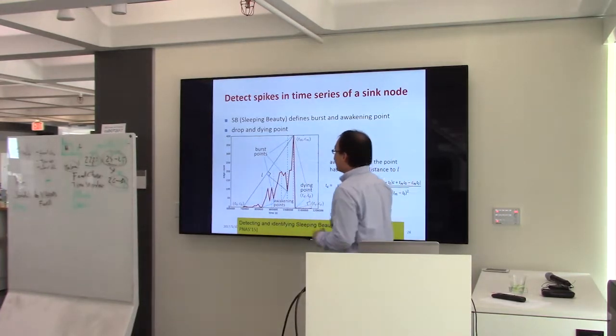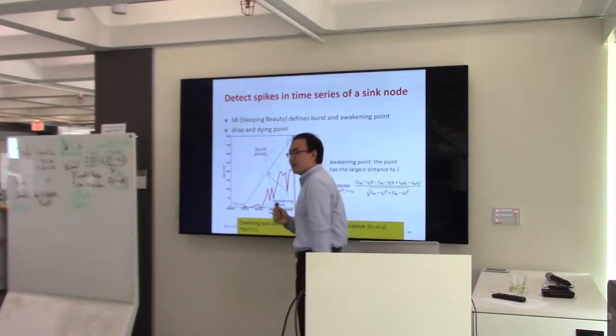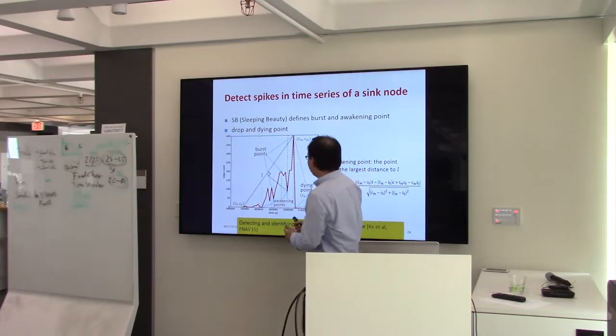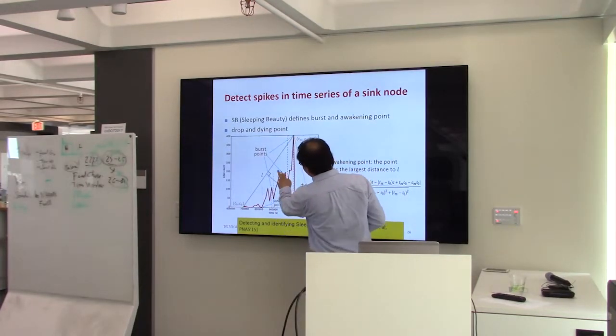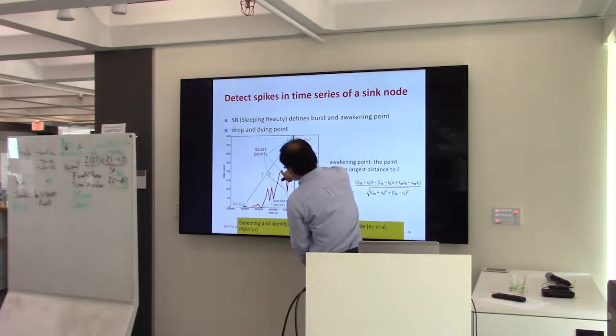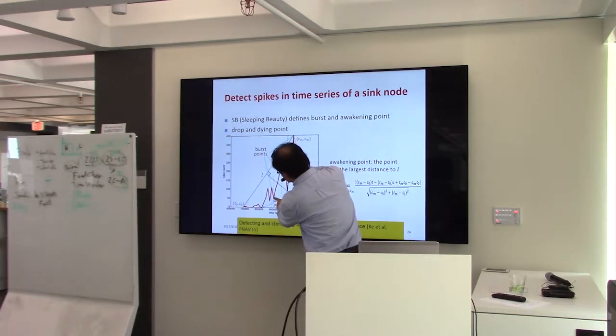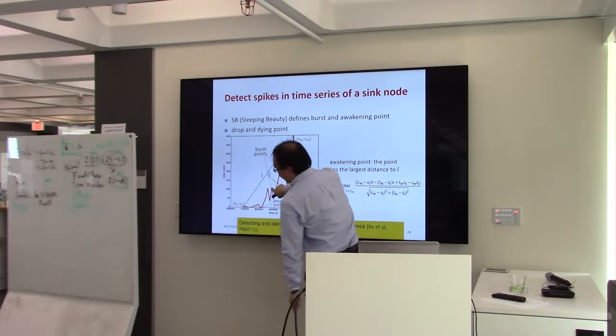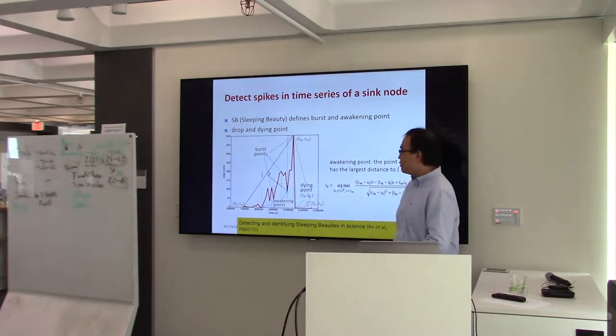We also extend their work to multiple bursts. We can recursively find, okay, this is another burst point and this is the other waking point, and this is the third burst point and the first waking point. We can recursively find that.